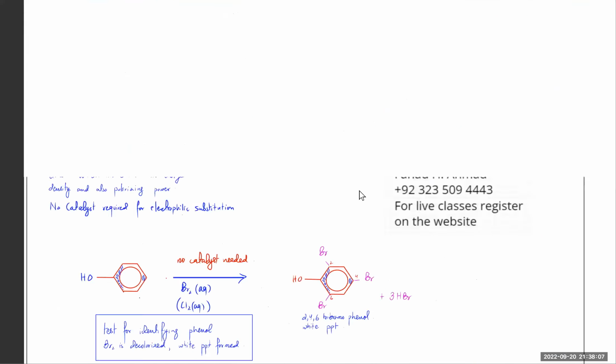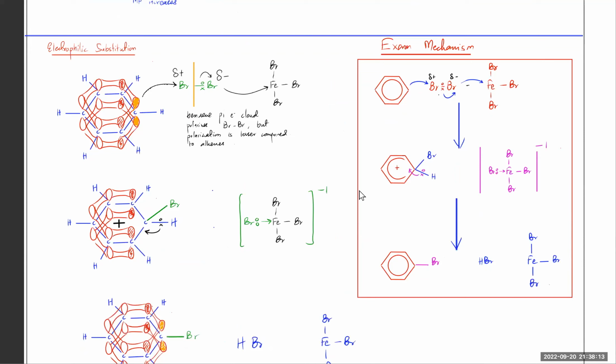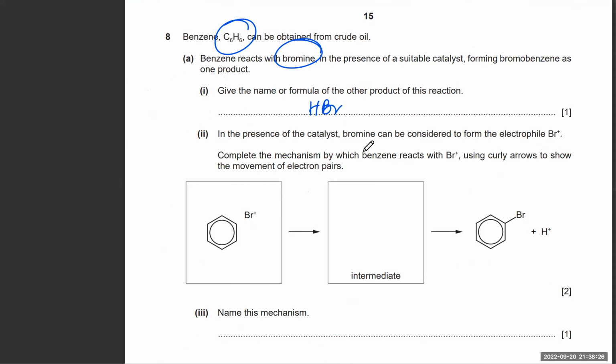Where's the reaction? This one. Remember the mechanism: whenever bromine reacts, when the H leaves, it combines with the Br minus 1 that had left earlier, and they end up forming HBr. That's the other product. So you always get HBr. He's talking about the mechanism, so draw the mechanism.